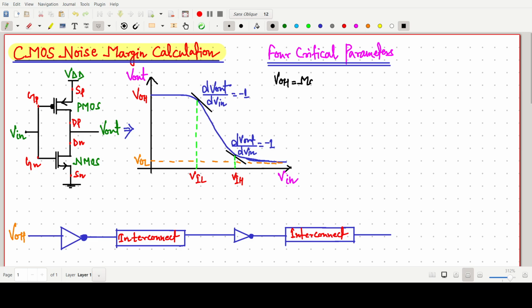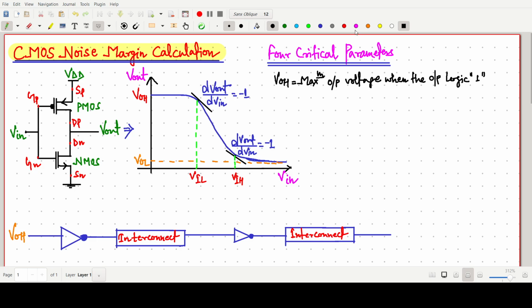I am writing: maximum output voltage when the output logic is one. This is the maximum output voltage when the output logic is one.